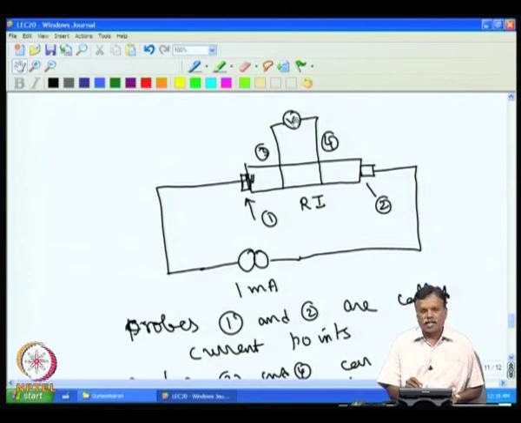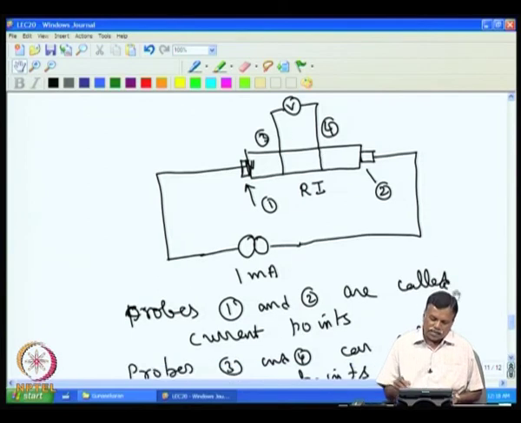Of course, the voltmeter's own error will be there, but the small contact resistance here and here does not matter, because it is much smaller compared to the voltmeter resistance. Because of that, there is no error at this contact, and no error at this contact.